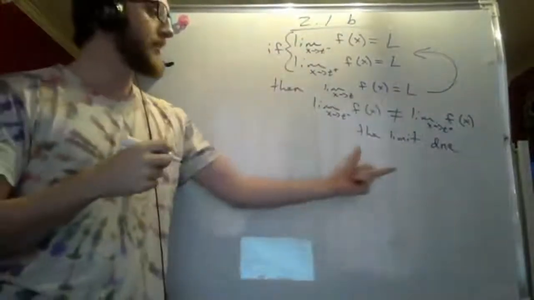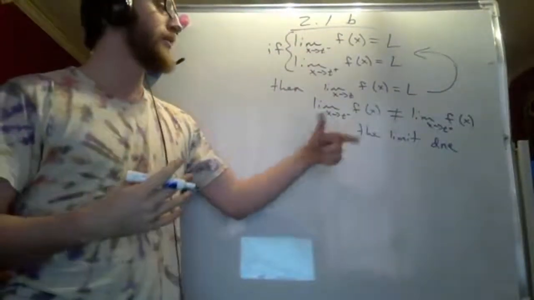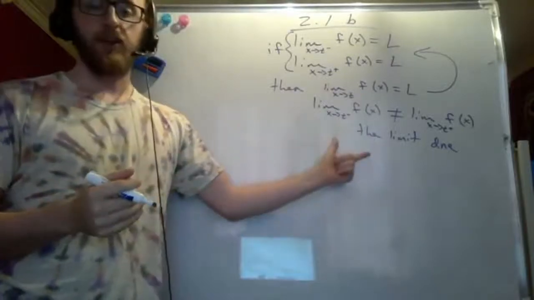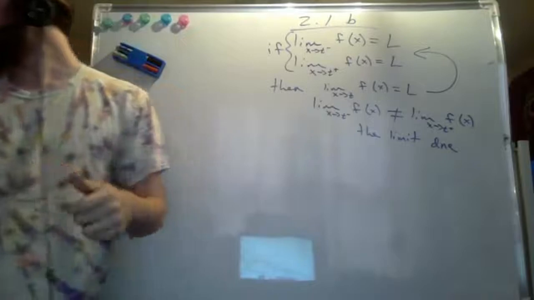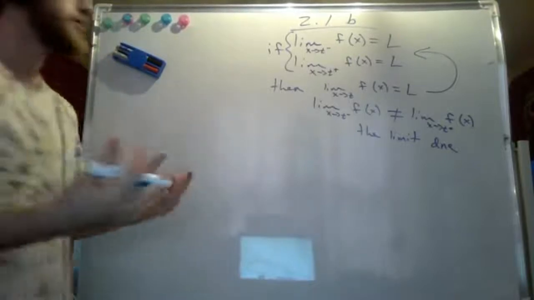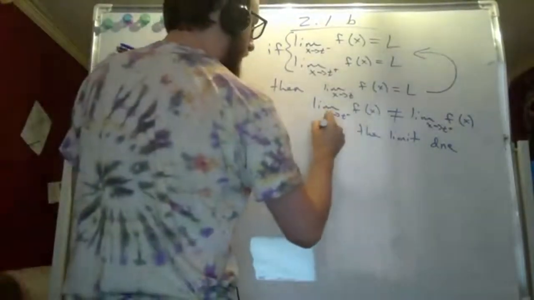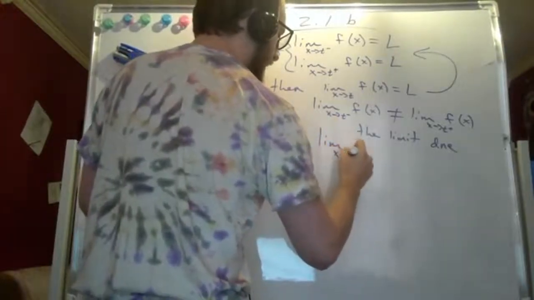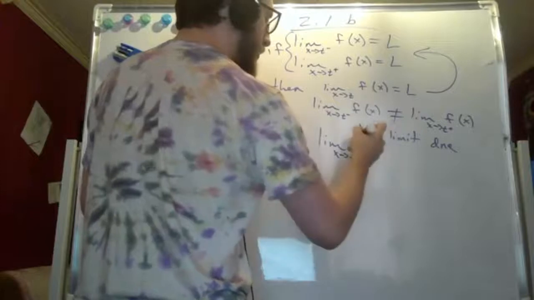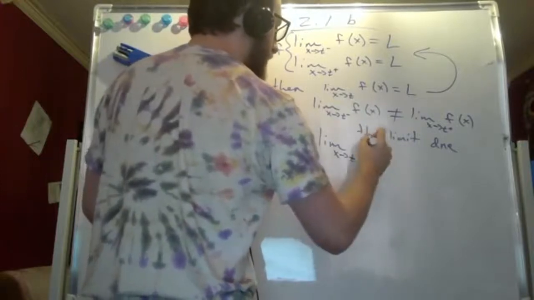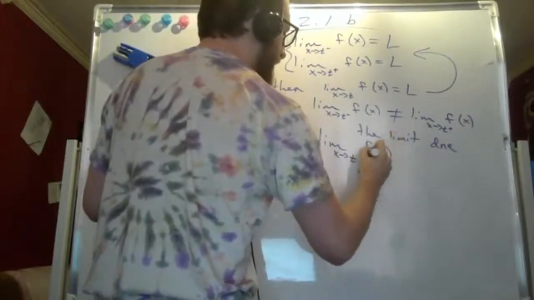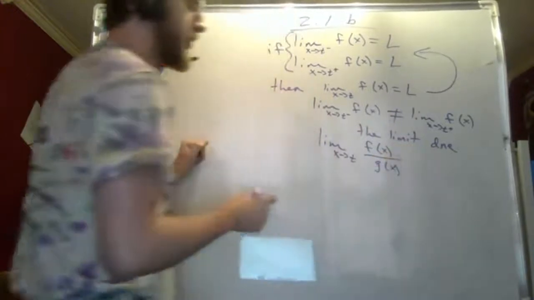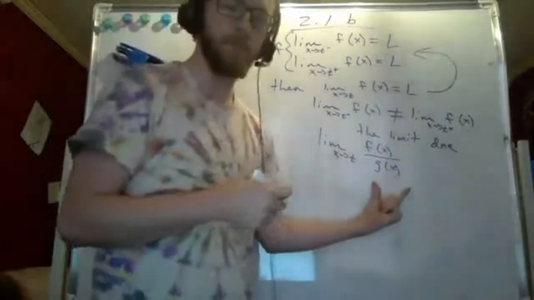But there are a few other cases that we should probably discuss, just so that when you encounter them in your practice and your homework, these things won't catch you off guard when you see them. The other case is, suppose we're dealing with a fraction, and the question asks about the limit as x goes to t, and suppose the fraction can be written as some function f of x divided by some other function g of x in your denominator.